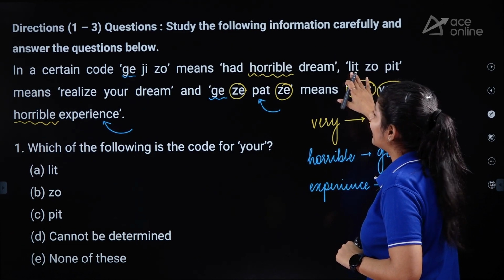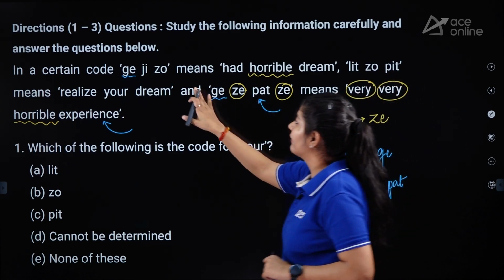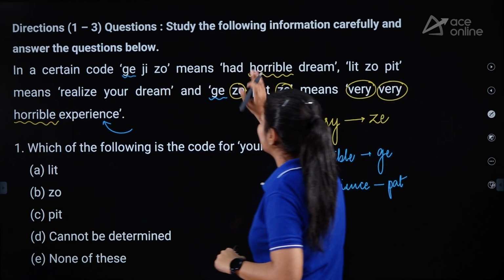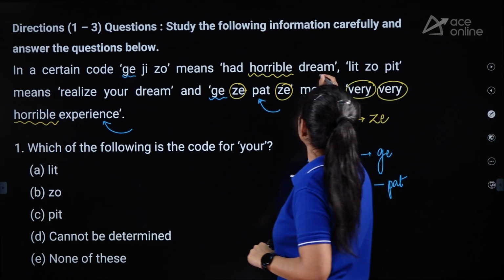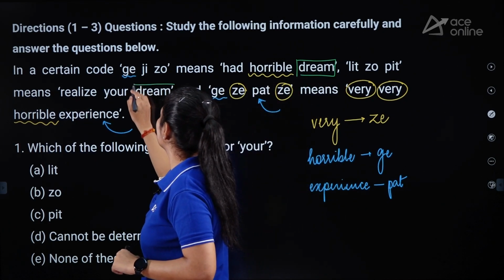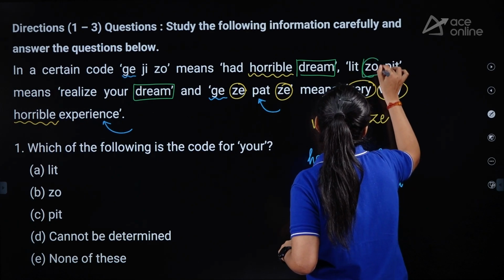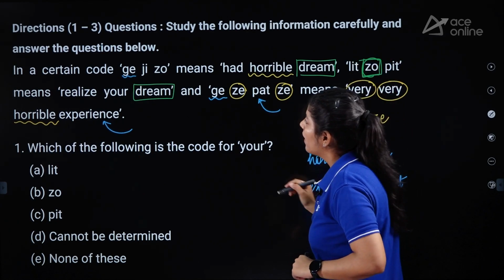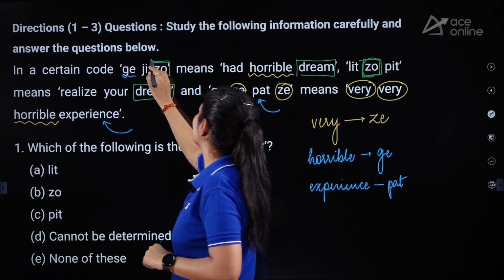Here we are having lit, zo, pit, and here we are having zo. So what we have to do is find out the common word between them. Here we are having dream, and here also we are having dream. Here we are having zo, and in this one also we are having zo.